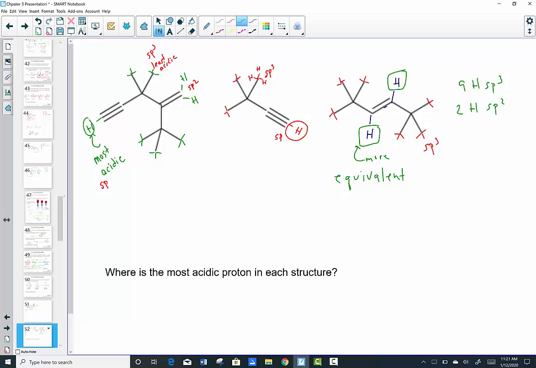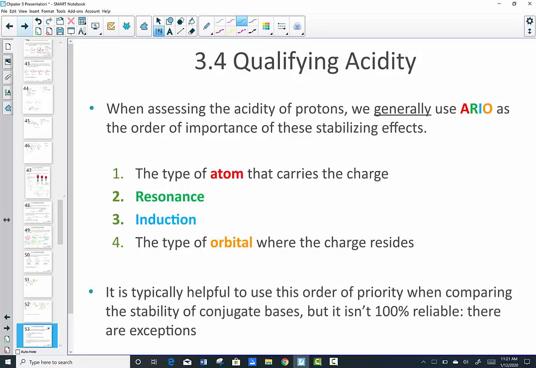Now, in the little disclaimer down here, it says this works most of the time, but it's not always 100% reliable. As with any set of rules, there are always rule breakers, these exceptions to the rule. For the vast majority of these examples we will follow ARIO, and I'm going to show you one exception that you should just remember.